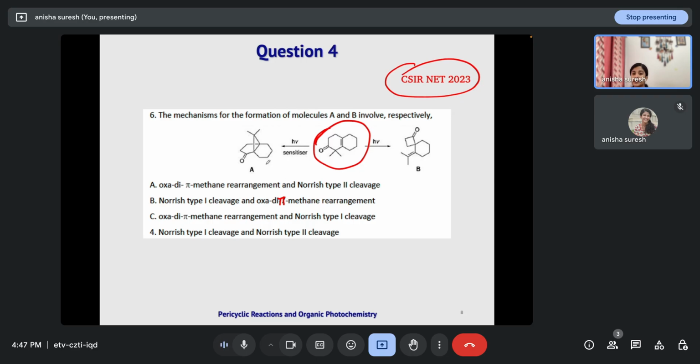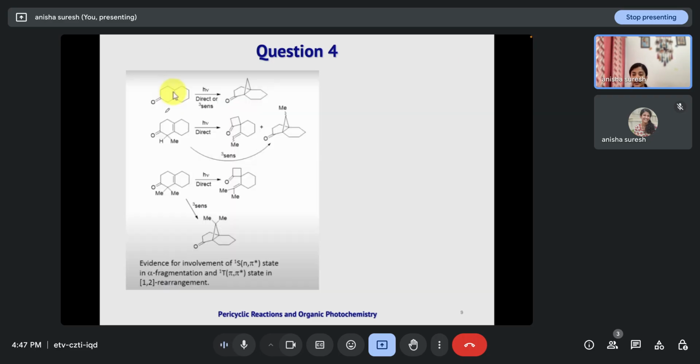This type of question was discussed while sir was discussing in the lectures. As you can see here, this is our starting material. If it undergoes direct photo irradiation, it will give this product, and in the presence of a triplet sensitizer, it will result in the formation of this product.